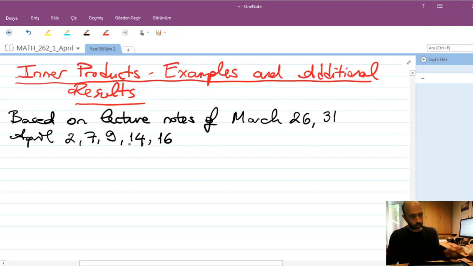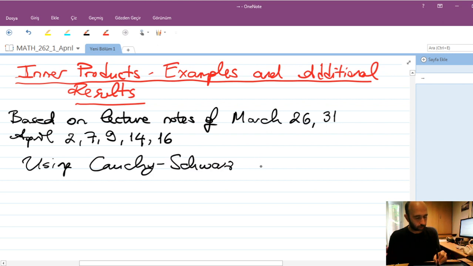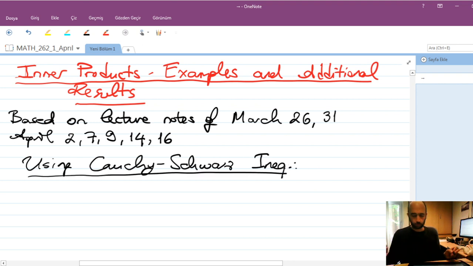So the first remark that I want to make is about using the Cauchy-Schwarz inequality. So let's remember the inequality first.